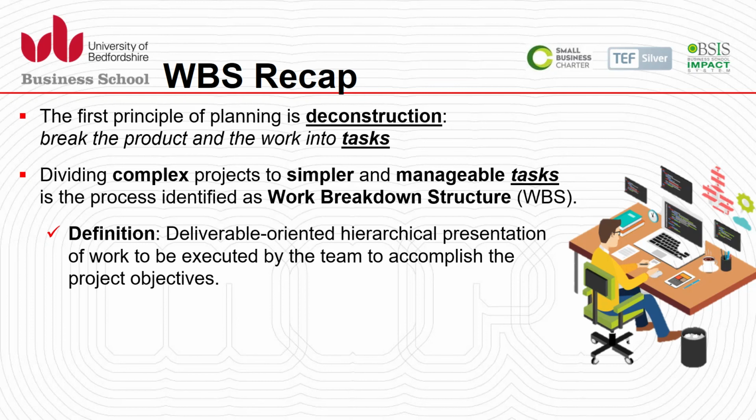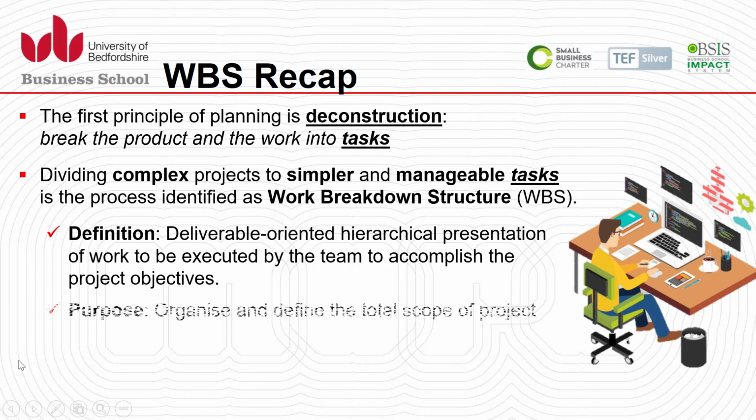And when we define the work breakdown structure, we are looking for a deliverables-oriented graphical or flow chart or hierarchical presentation of the work to be executed by the team to accomplish the project objectives.